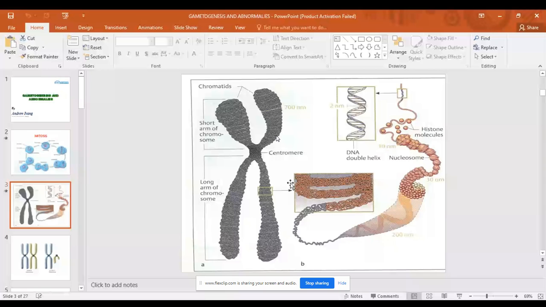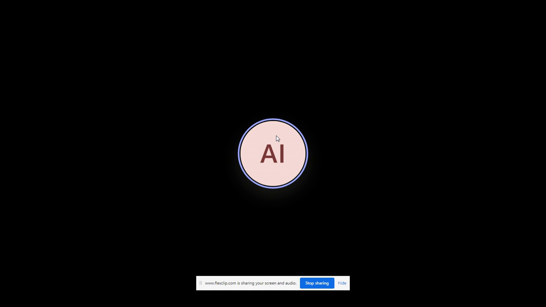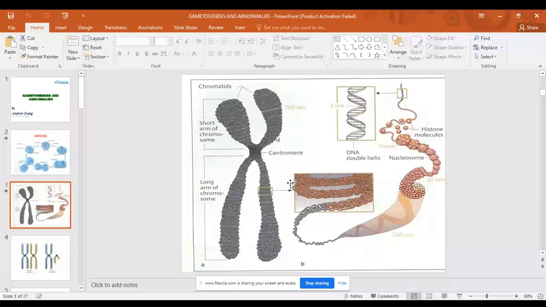And out of the 46 chromosomes, two are sex chromosomes, right? Yes, that's right. So that's what I'm trying to explain: mitosis ensures the complete number of those chromosomes. That is what happens during mitosis. Is that clear?